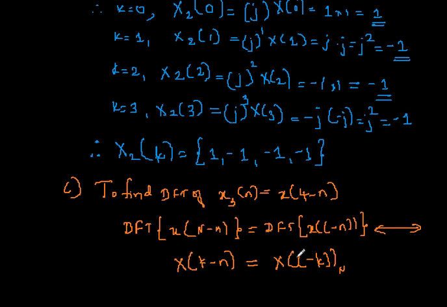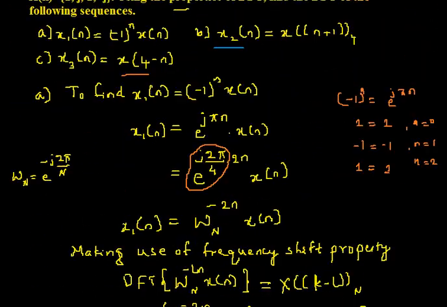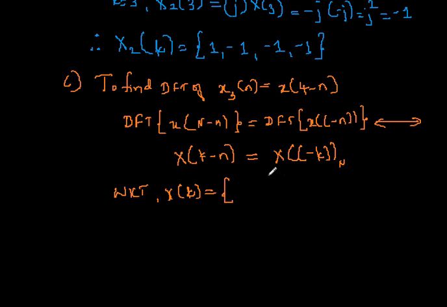Now we already have x of k. We know that x of k is given in the numerical, which is 1, j, 1, minus j. So this is x of k.